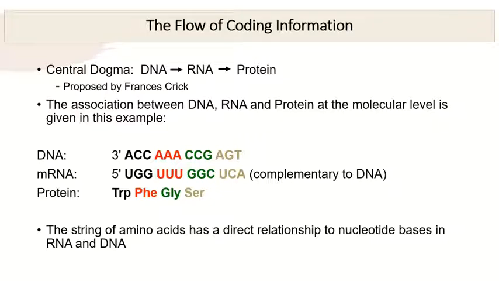So this protein will go on and on until it finds the stop codon. So the string of amino acids has a direct relationship to the nucleotide bases in RNA and DNA. So any mistake that happens in DNA will create an error in the mRNA and also create another error in the protein.